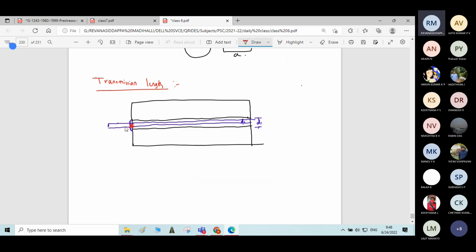The stress in the tendon is zero at the force end and is at a maximum value at some distance from the end of the member. This length is called transmission length, and it is denoted by LT.